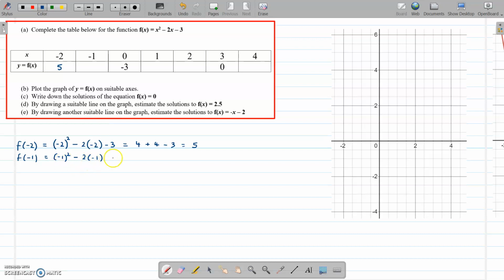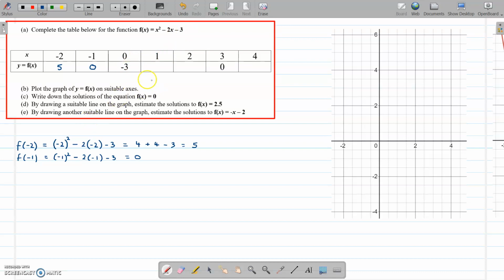So it's 1 plus 2 is 3. Take away 3 is 0. So we did that one as we went along, and that's 0. The 0 has been done for us to give us minus 3. You can check it if you want. 0 squared minus 2 zeros, that's 0 minus 0, minus 3 is indeed minus 3.